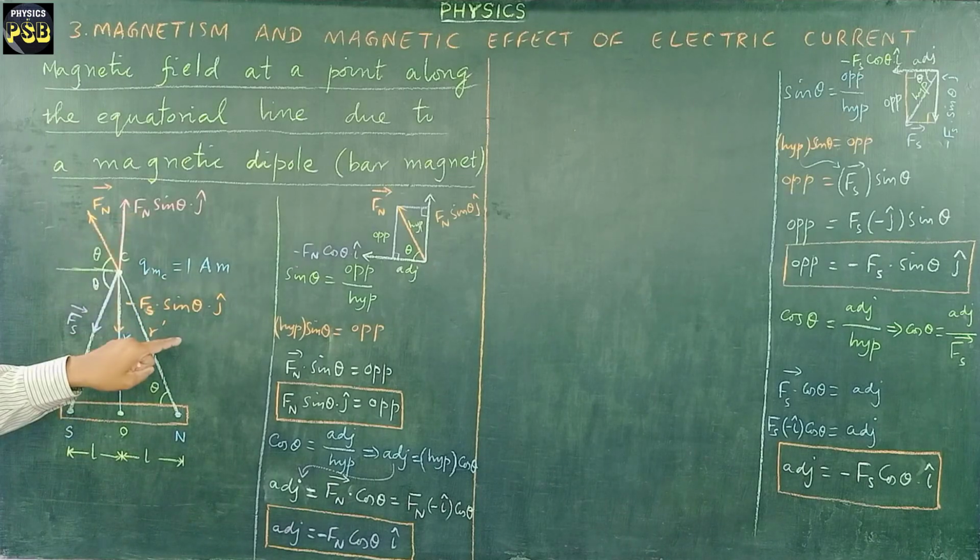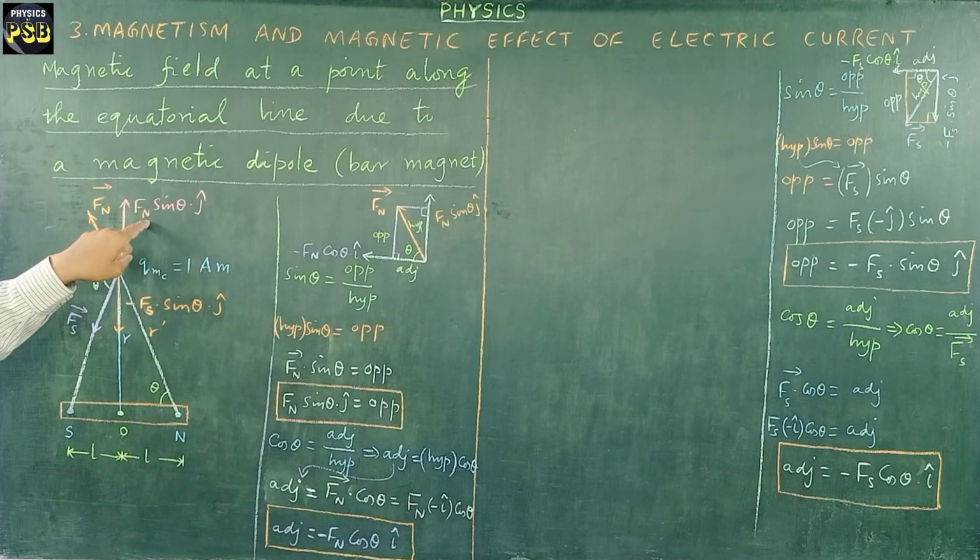Okay, so vertical components of Fn vector and Fs vector.